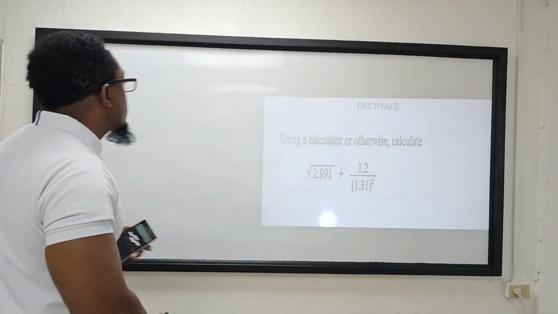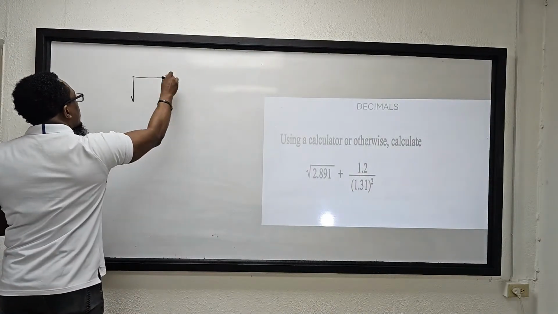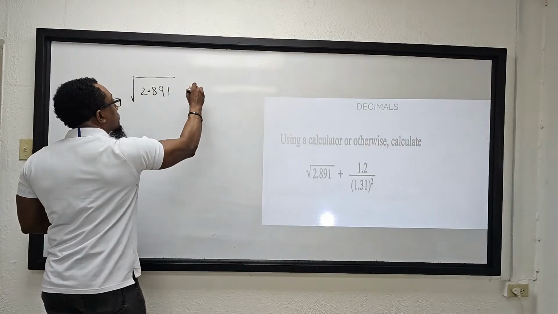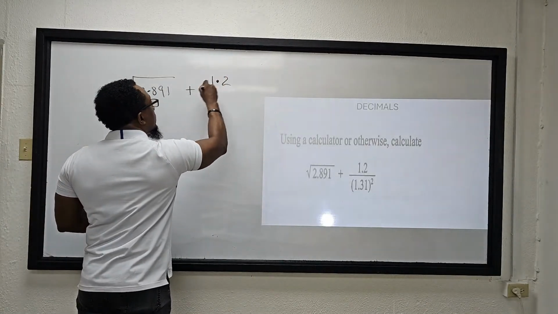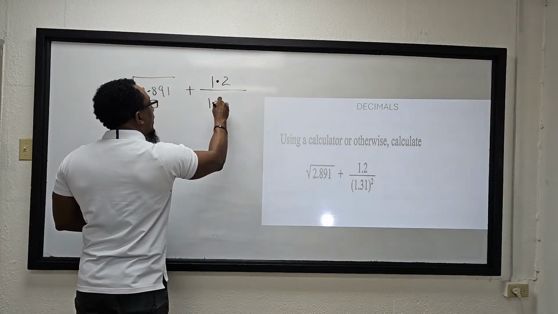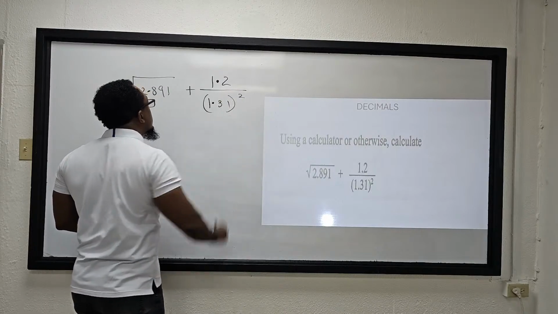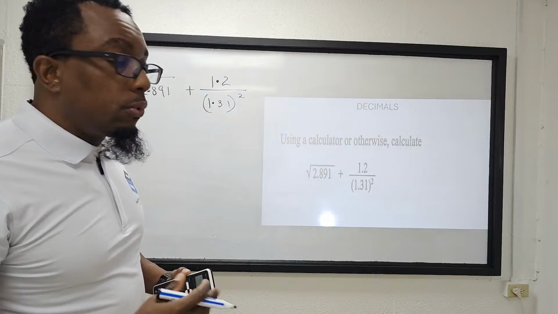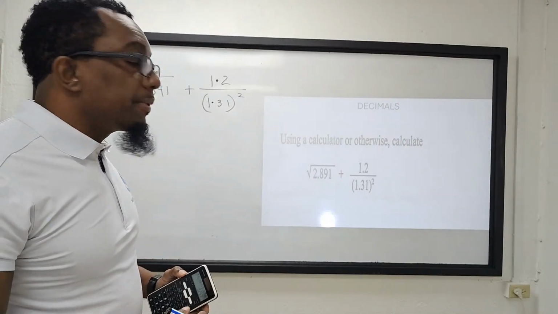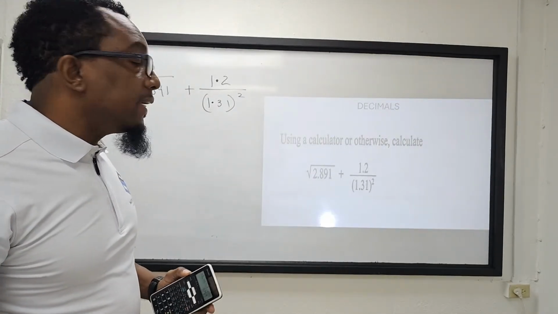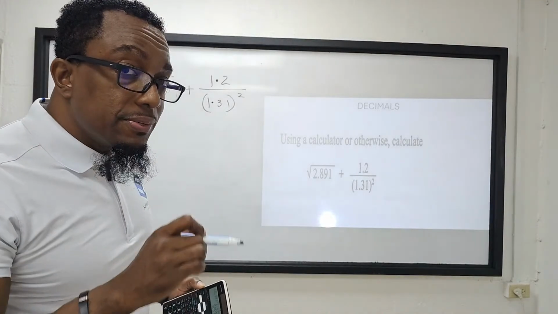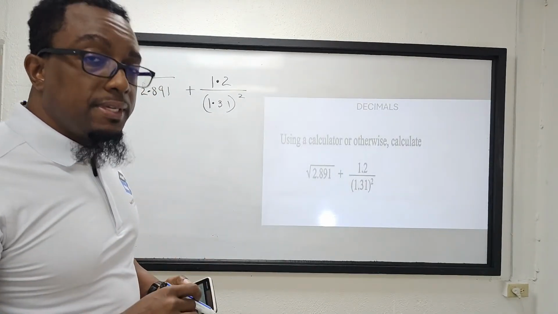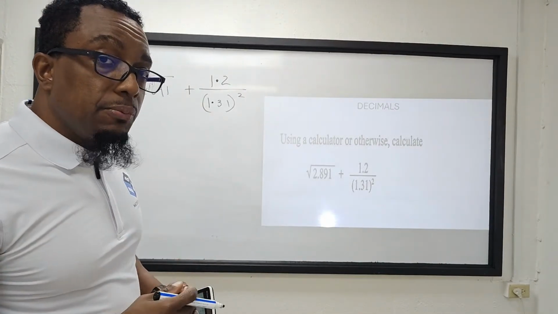So we have here the square root of 2.891 plus 1.2 all over 1.31 in brackets squared. Again, we want to show all steps. So I'm going to find the square root of 2.891 and show the result of that. I'm not going to put the entire thing into the calculator, get my answer and state it. You want to see steps, right?